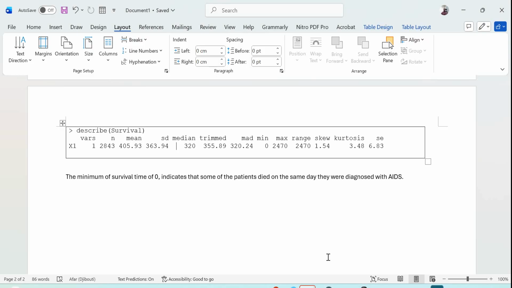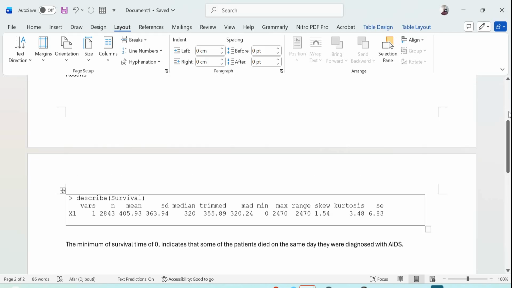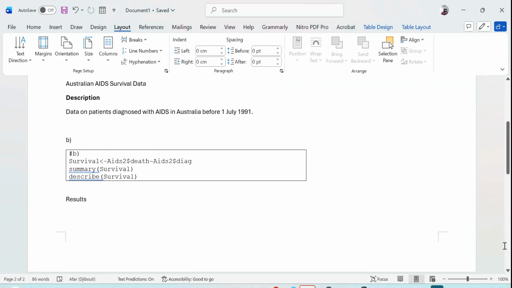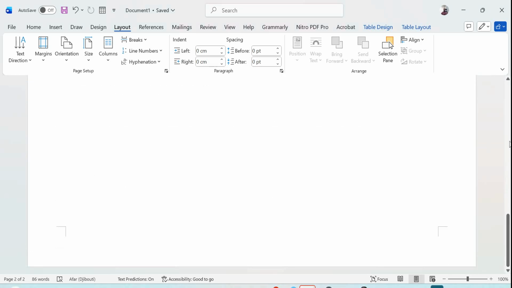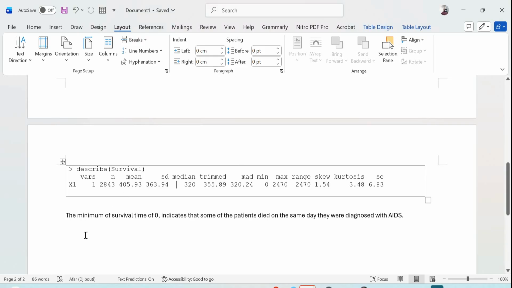Compared with what? So this one there's no comparison. Yes, 363 is large, but large compared to what? Anyway, these are some of the comments you can make about what you have said.